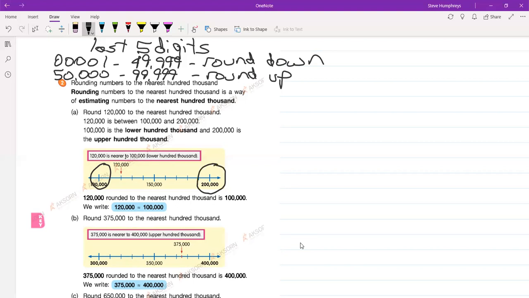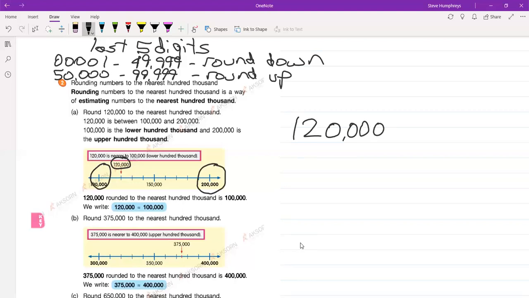Okay, the number we're looking at is 120,000. Look at the last 5 digits. I'll write it over here. 120,000.